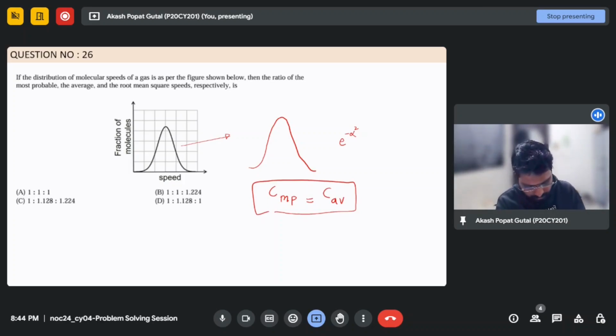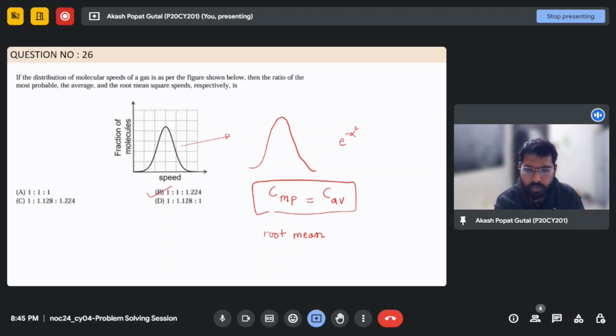And the root mean square velocity stays in the same proportion. So we can say that option B should be right, because the most probable and average speeds become the same, and that is only the case in option B.